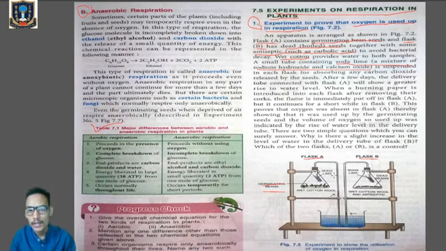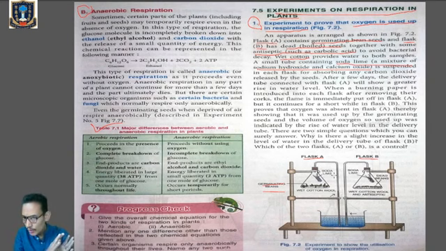What are the uses of carbolic acid and soda lime? Carbolic acid is used to avoid the growth of bacteria on the dead seeds. One more time: carbolic acid is used to avoid bacterial decay, or to avoid the growth of bacteria on the dead seeds. Clear?